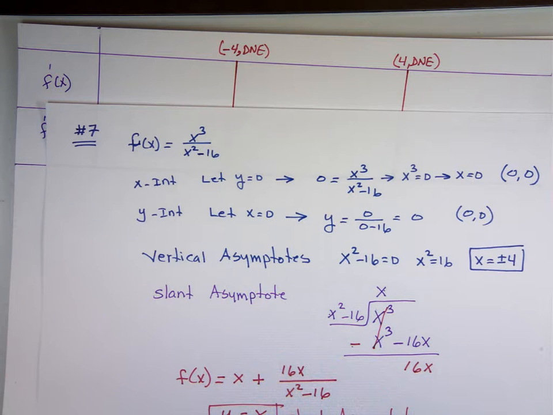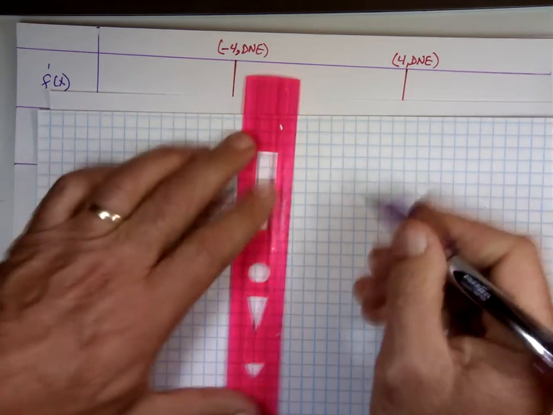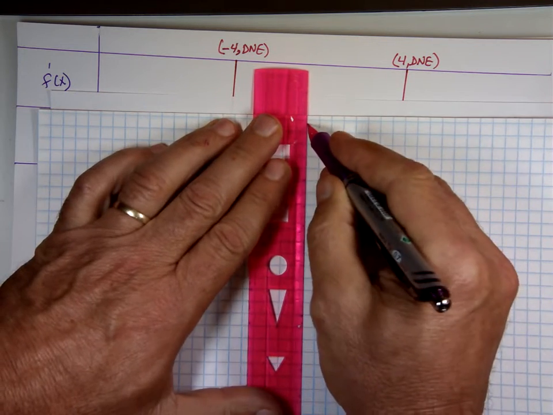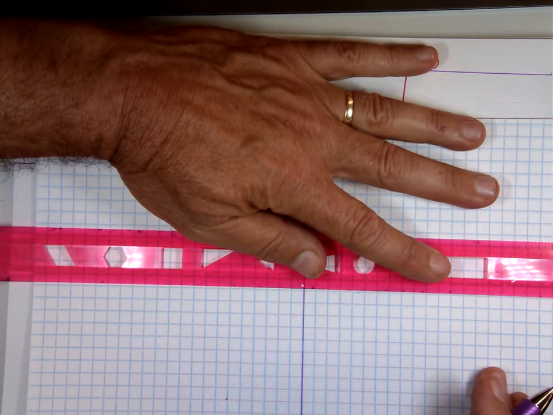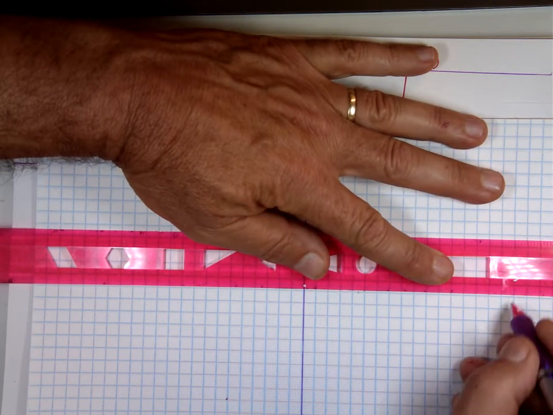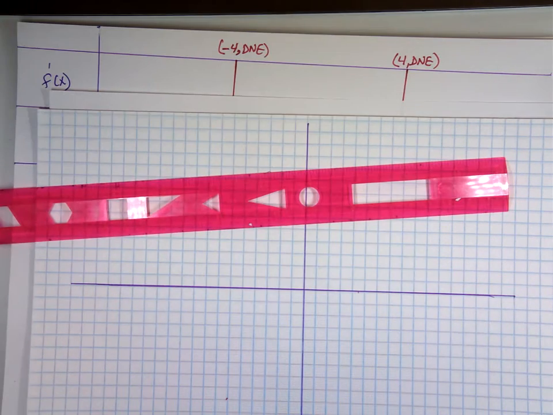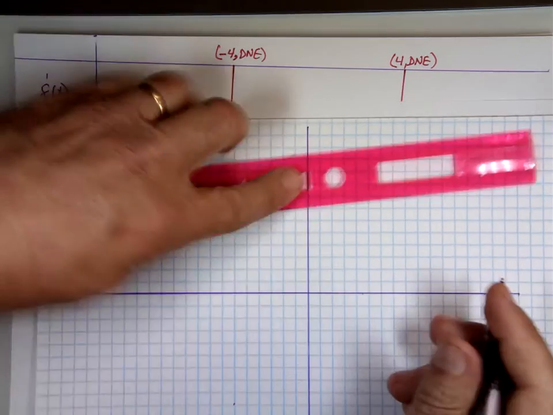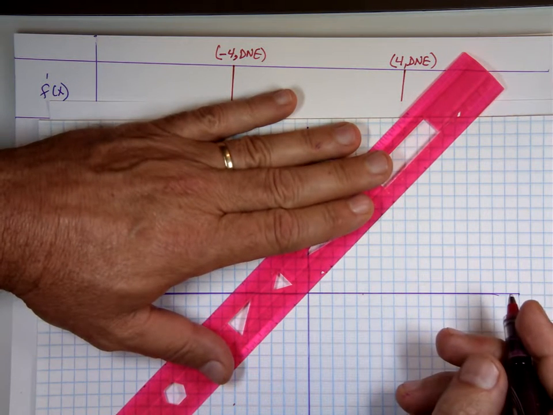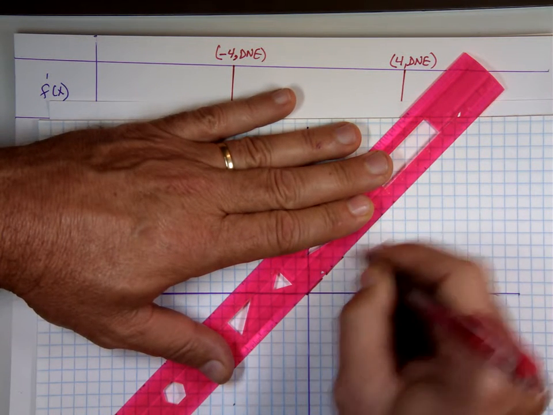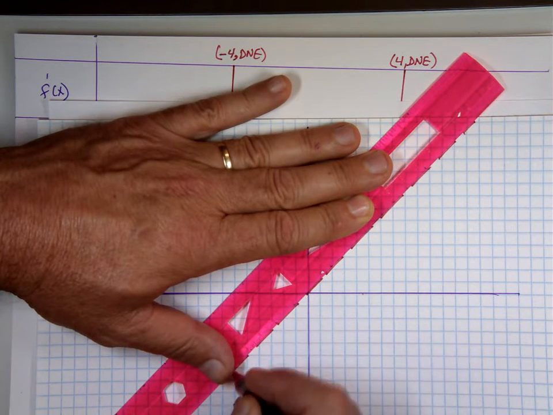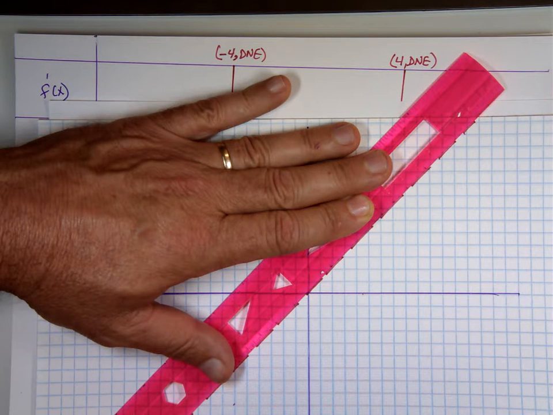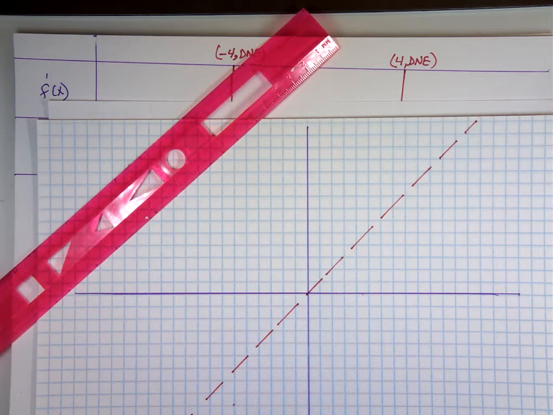Quick reminder before I forget, graph paper is nice. We have it here. Slant asymptote y equals x. That's a 45-degree angle. Y equals x. That's my slant asymptote.